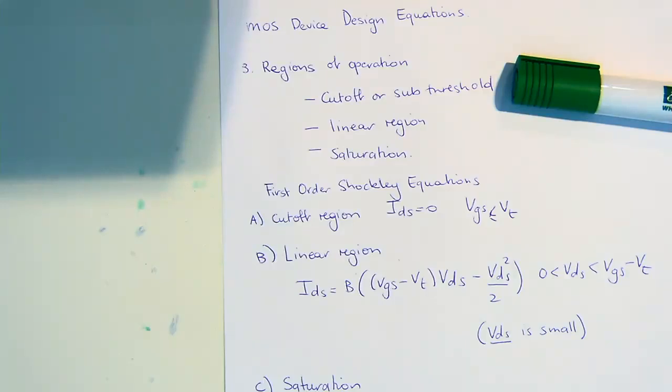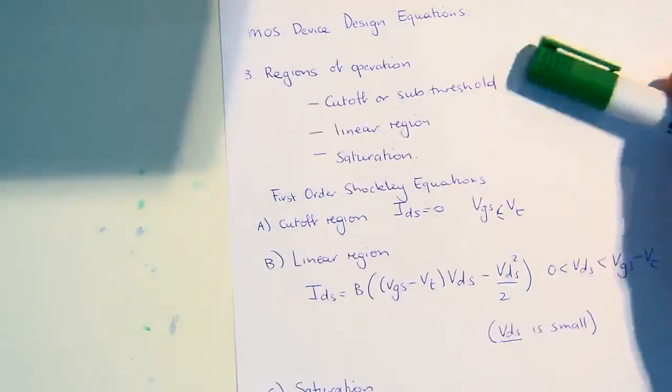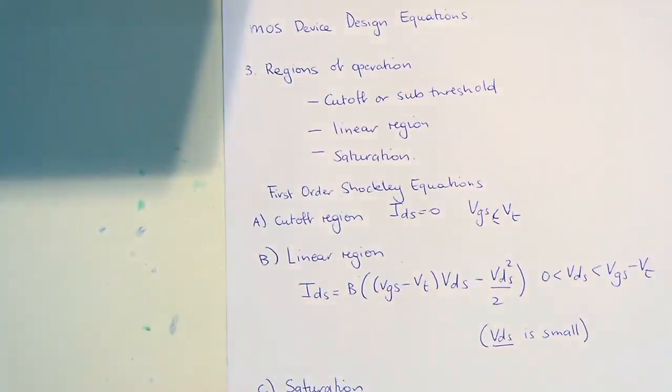When you're in the other region, which I'm going to talk about, which is saturation, the current that you're getting out is essentially independent, after a certain voltage, of your drain source voltage.